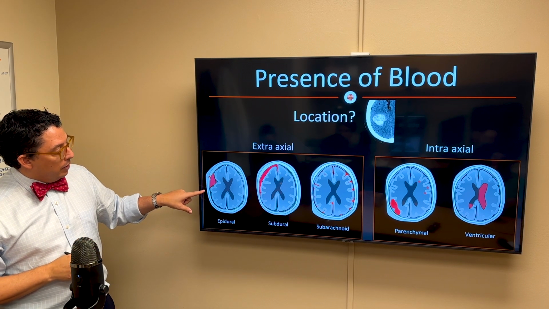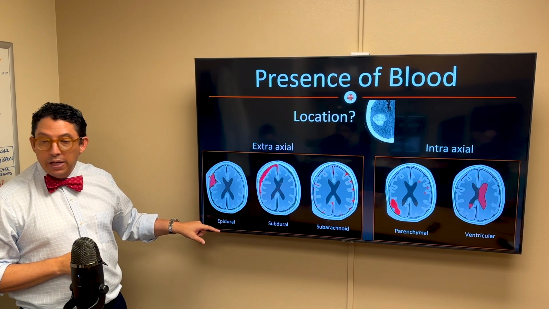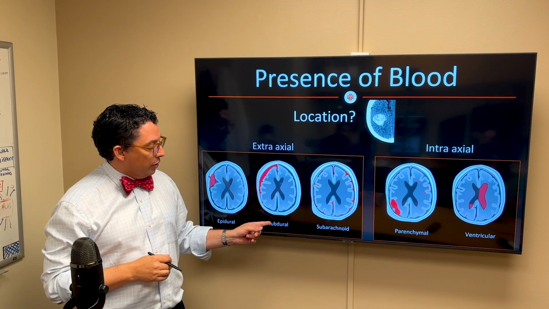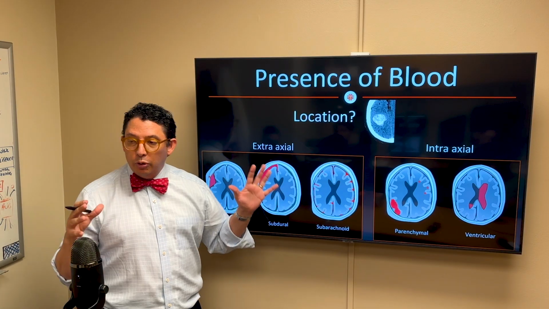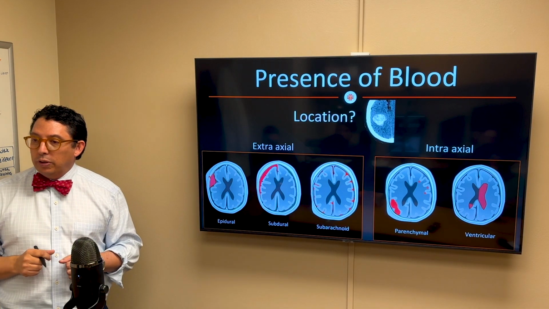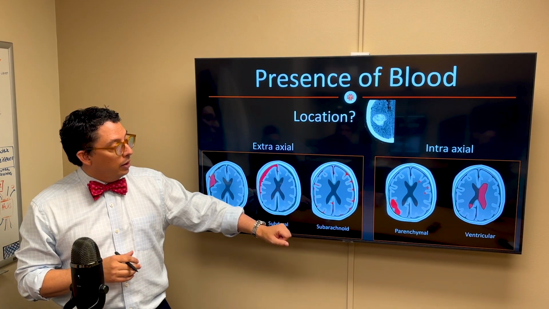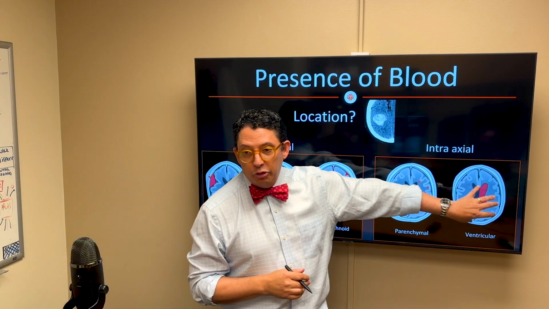If it's between the bone and the dura, we call that epidural. If it's between the dura and the arachnoid, we call that subdural. And if it's deep to the arachnoid and superficial to the pia and goes through the sulci, we call that subarachnoid. Now, if it's intraaxial, it can be inside of the brain parenchyma or inside of the ventricular system.